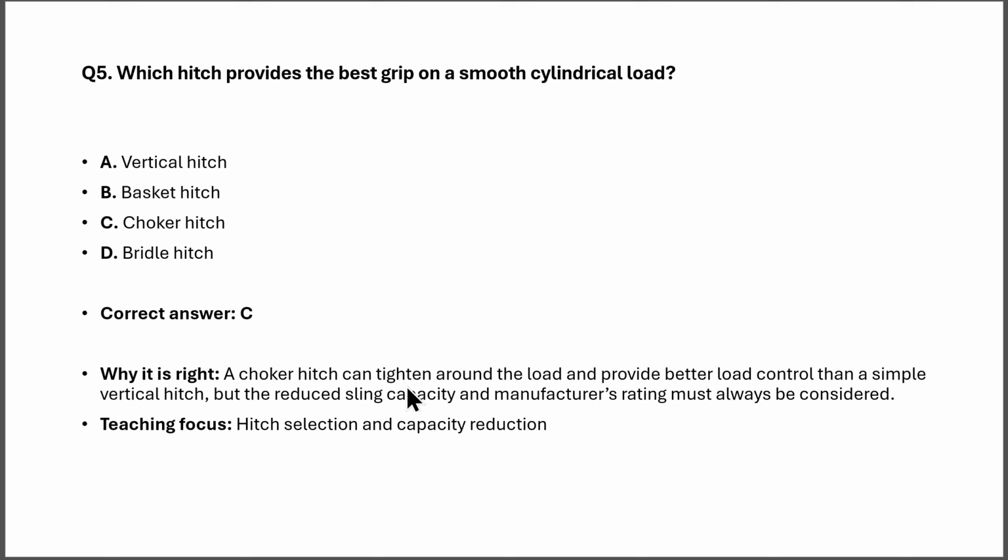A choke hitch can tighten around the load because it is round and provides better load control than a simple vertical hitch. But the reduced sling capacity and the manufacturer's rating must always be considered. Teaching focus. Hitch selection and capacity reductions.